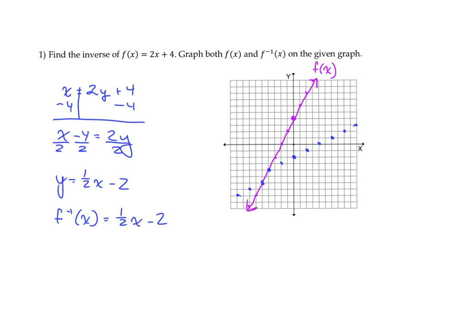And so this one is the inverse. And if I think about that line of reflection, remember that's going through here, and that would fold upon itself. So that is the inverse. So we have the equation of the inverse, and we've also graphed it.